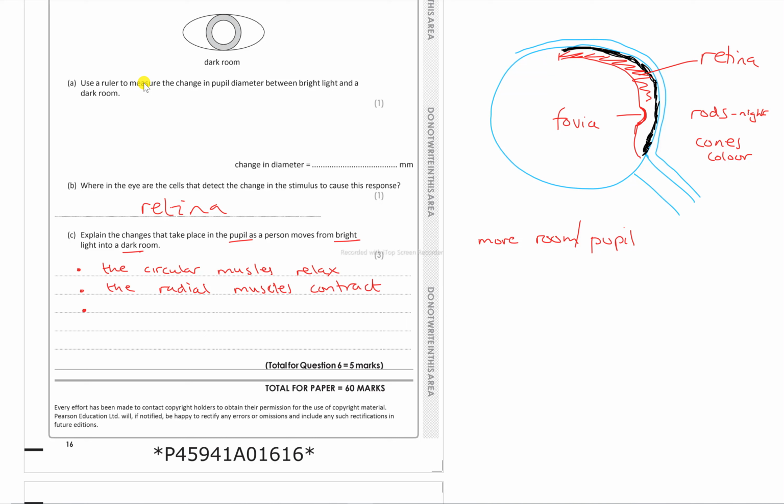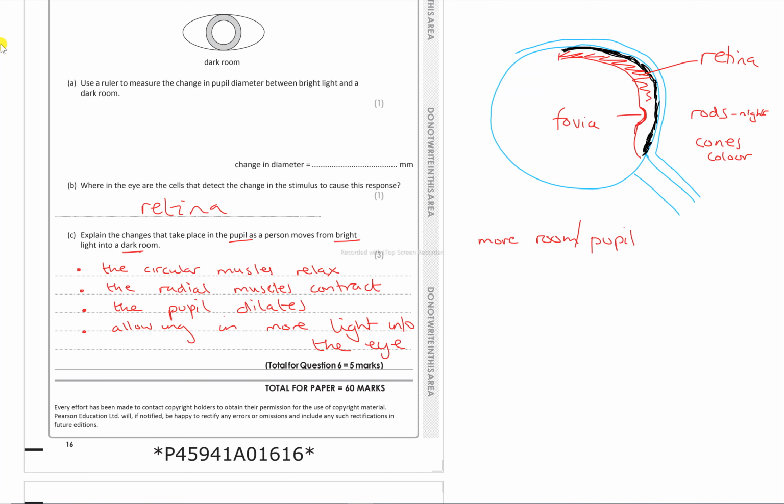What happens then? The pupil gets bigger, but we don't use that word, we use the word dilates. And then just finish it off saying allowing in more light into the eye.